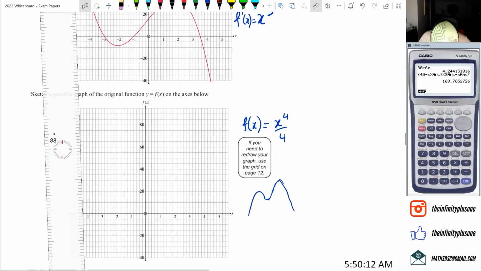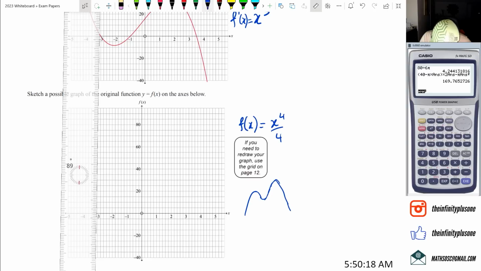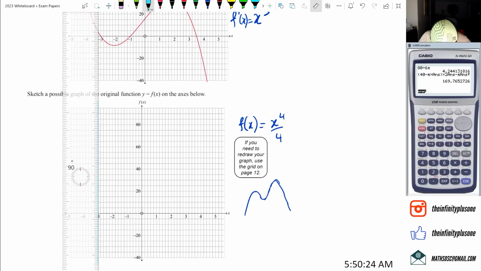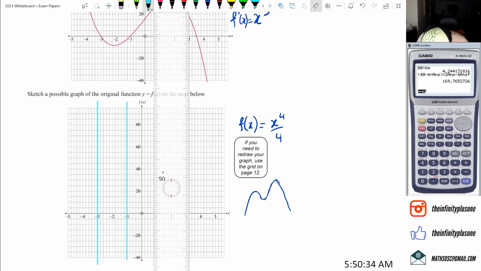So what I would do is put down these lines at -3, then one at -1, and then somewhere around 3.5.